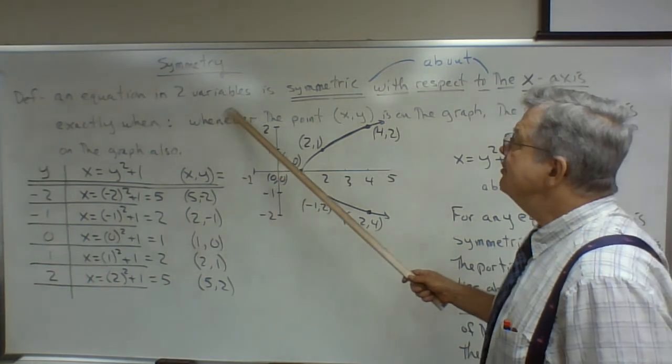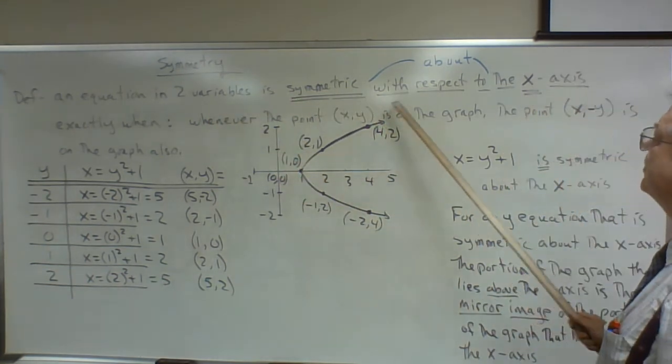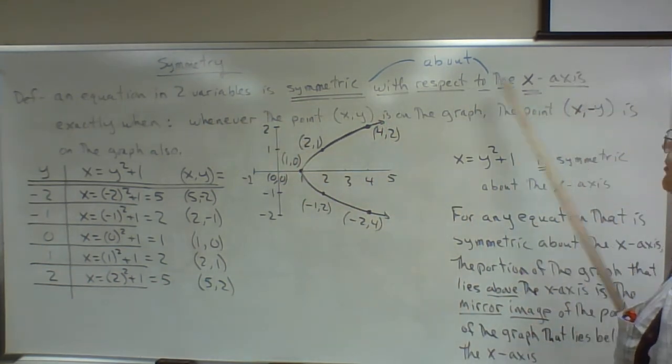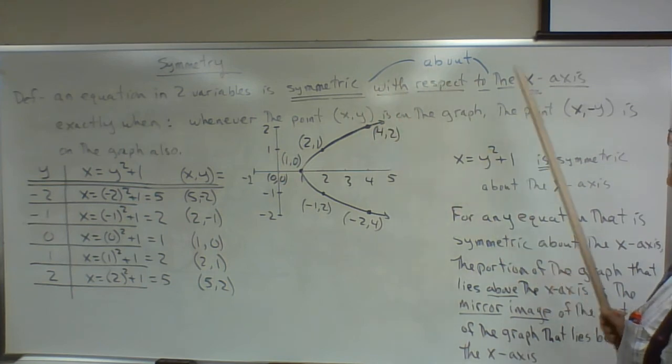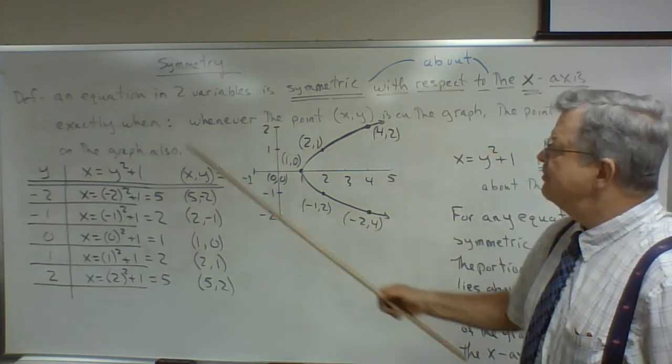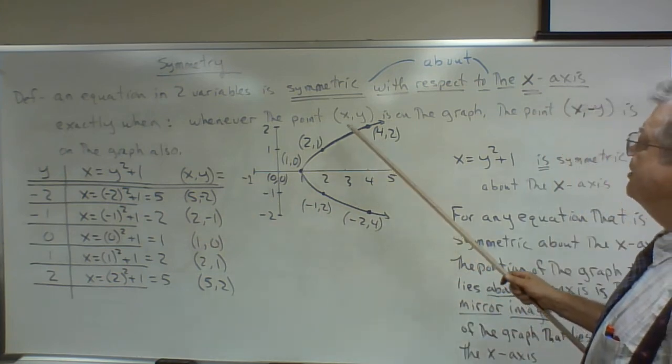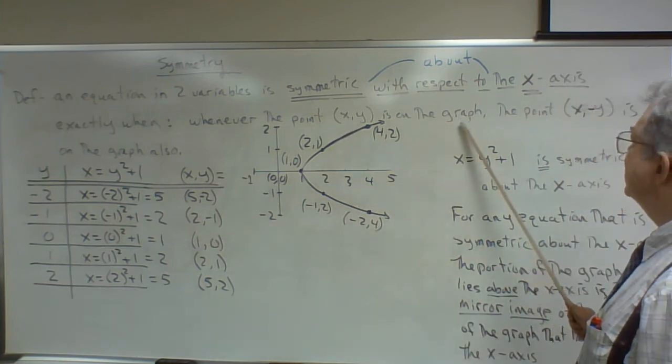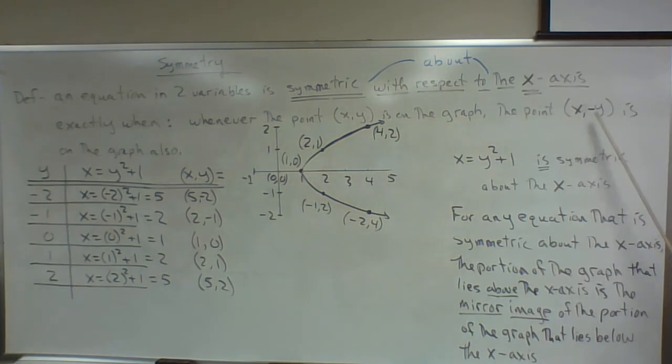An equation in two variables is symmetric with respect to the x-axis, or symmetric about the x-axis, exactly when this happens. Whenever the point x, y is on the graph, the point x, negative y is on the graph.